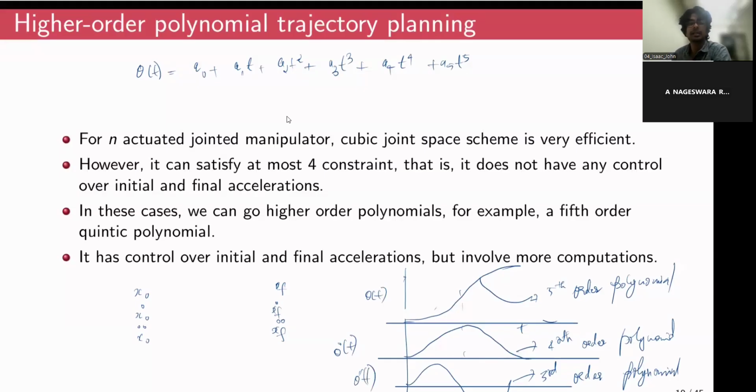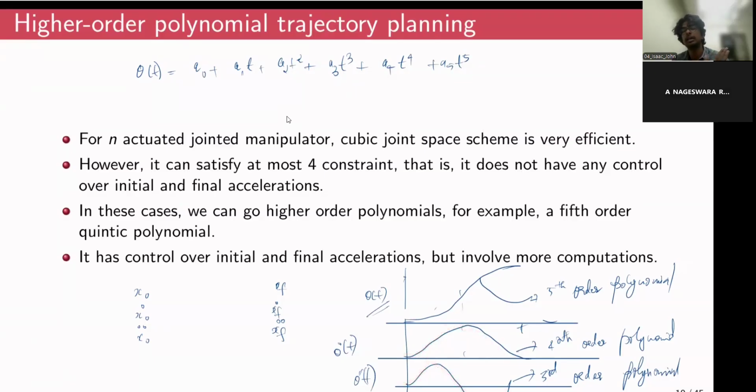Unlike the case of a cubic polynomial, in the case of a quintic or fifth order polynomial, you can have control over initial and final positions, initial and final velocities, and also initial and final accelerations. There won't be any jumps. Here you can see that even the velocity is very smooth, and even the acceleration is also very smooth.